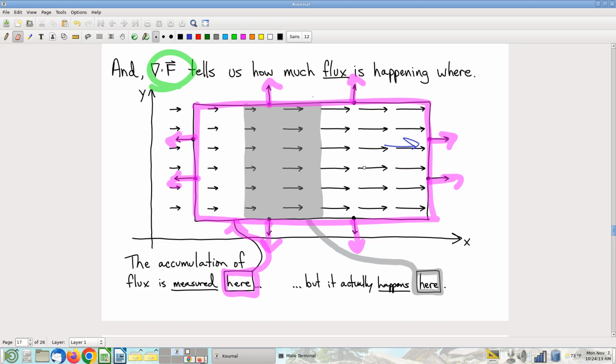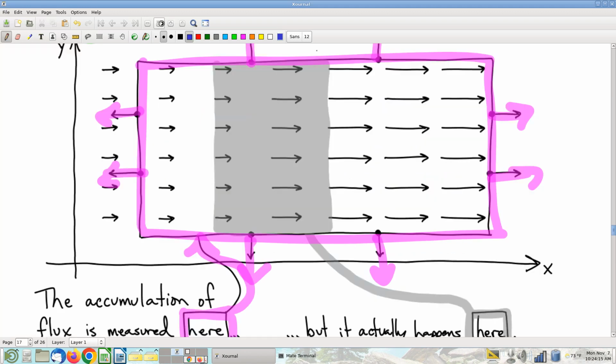But if you are looking over here in the interior in this gray region here, let me pick a different color. If I were to look at a little region like that, you can see there is some inward flux, sure, and there is some outward flux, sure, but the vector field's bigger over here on the right.